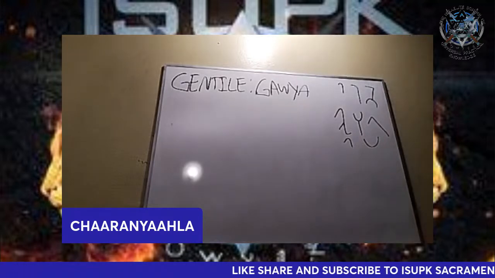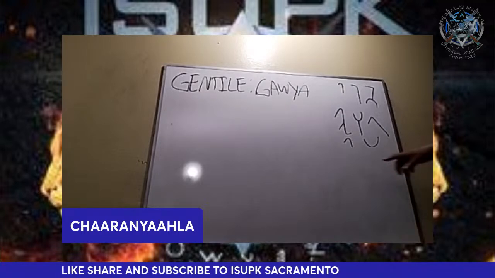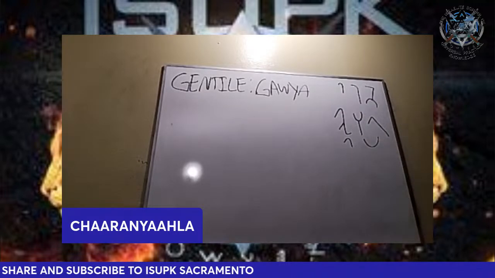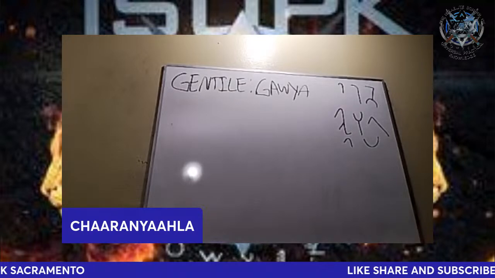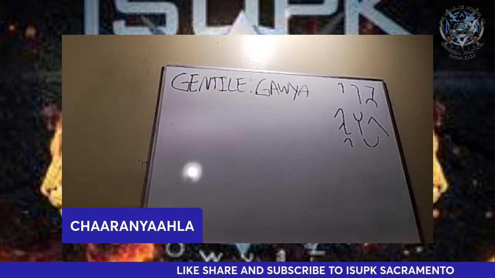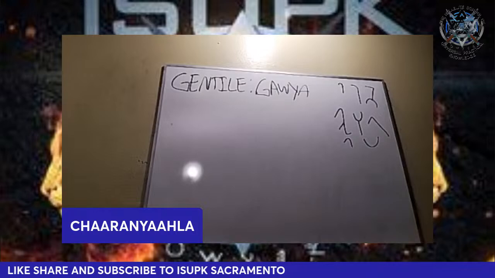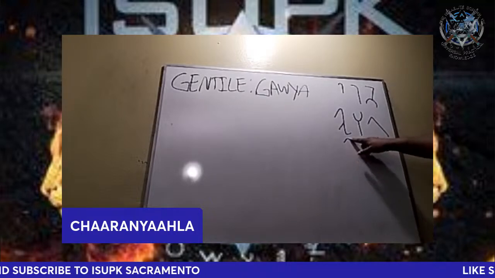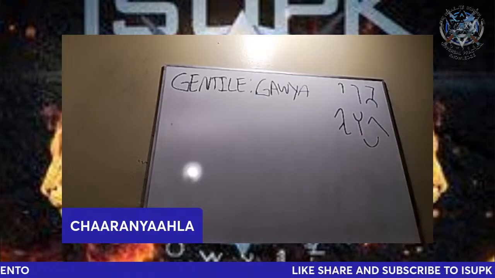Once again, when you read a Paleo Hebrew Torah, all right, I'm gonna get to that in a second. Gentile, Goya, all right. The Assyrian Hebrew at the very top on your right hand corner, you have your Ga, Wa, and Ya characters. Up under that is the ancient or the Paleo Hebrew word for Goya, which is a Gentile, which means heathen, or anybody that is not an Israelite.